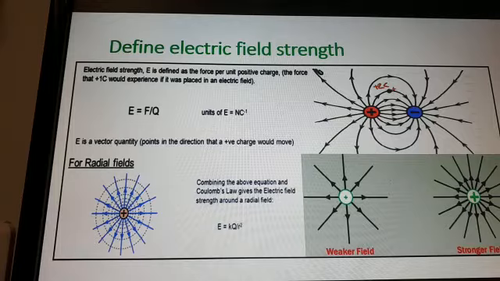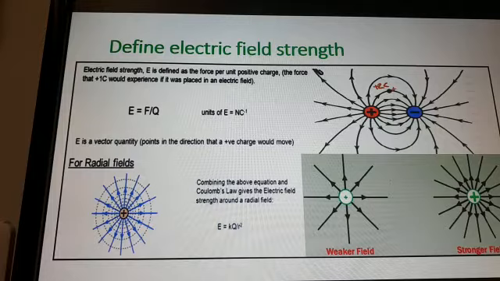You wrote that equation as F proportional to Q1 Q2 by R squared. To change the proportionality sign, we write F equals K Q1 Q2 by R squared, where K is Coulomb's constant, 9 times 10 to the power 9 newton meter squared per coulomb squared. That is about Coulomb's law.